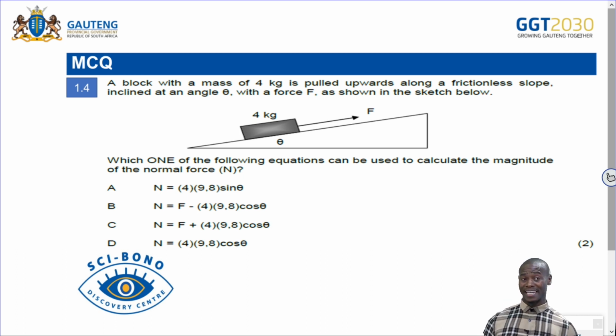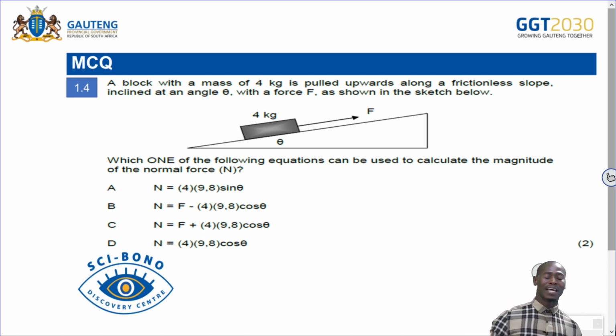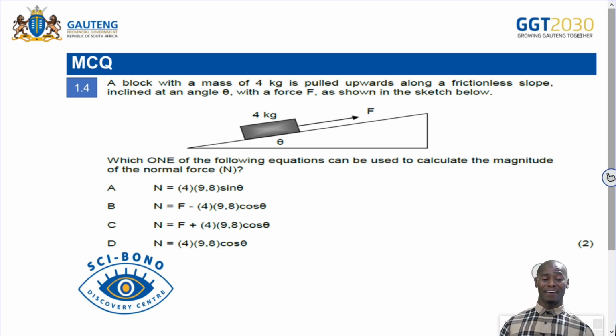The weight, or Fg in this case, is acting at an angle. So if a force is acting at an angle, we resolve that force into its components. That's the reason why, with an inclined plane, we need to resolve weight into its components, because weight here is not acting perpendicular to the plane, but at an angle. So the components will be your Fg parallel and the Fg perpendicular.